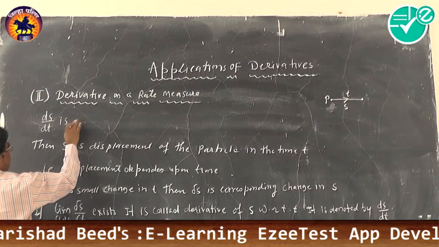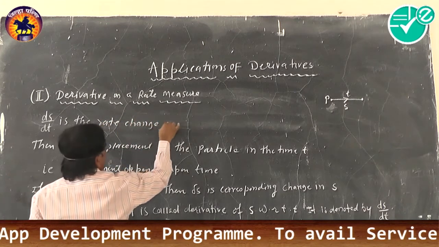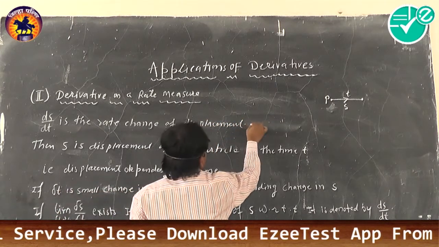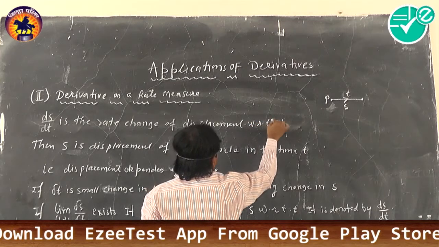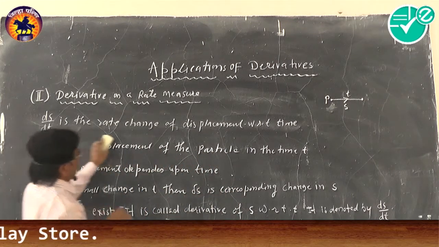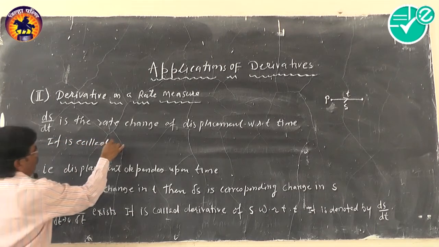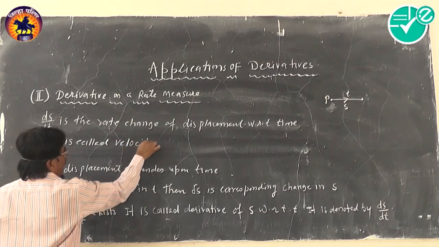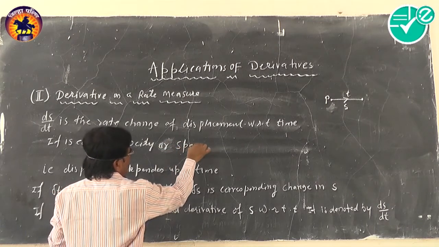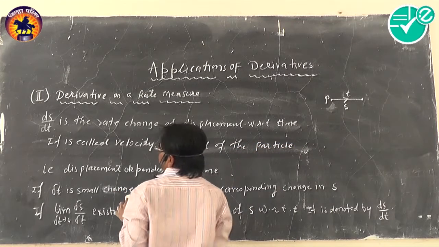is the rate of change of displacement with respect to time, and it is called velocity or speed of the particle.